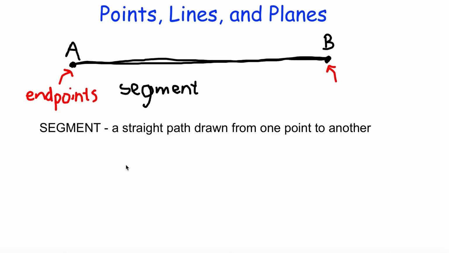Those are called endpoints. There's a point on the segment that I don't have to draw that is in the direct middle, and that is called the midpoint, right? So I want you to look at this. Now, let's say I pick this point right here that looks like it's about the middle. That would be called the midpoint.